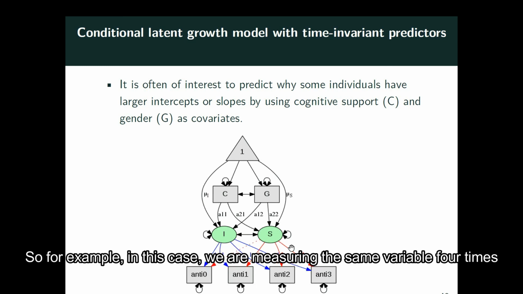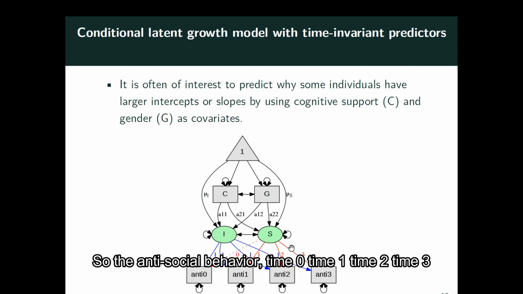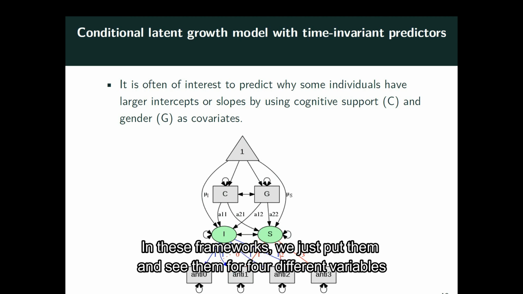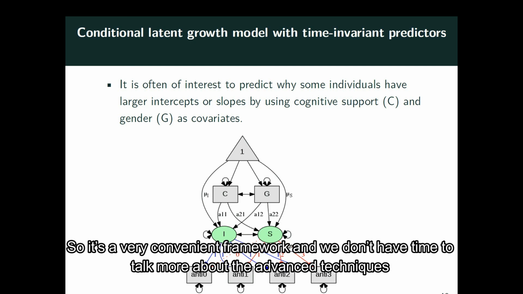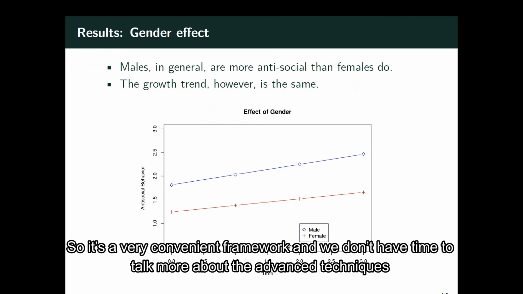For example, in this case, we are measuring the same variables 4 times: the antisocial behavior at time 0, time 1, time 2, and time 3. In this framework, we just treat them as 4 different variables, and then we can test some models like this. It is mathematically equivalent to the so-called mixed effects model, multi-level model. So it's a very convenient framework.